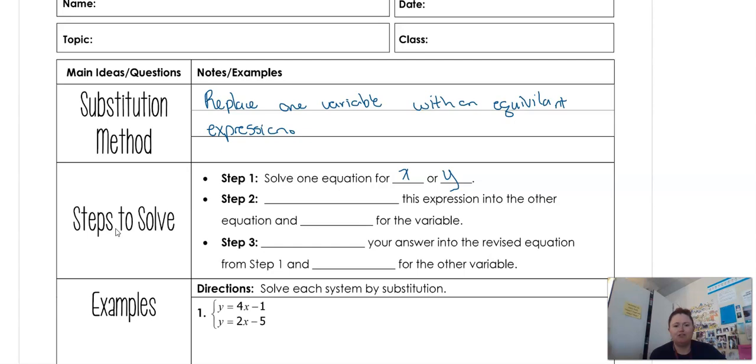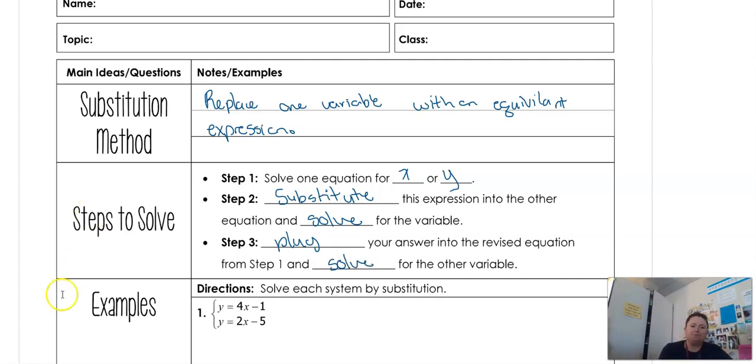Then you're going to substitute or replace this expression into the other equation and solve for the variable. When you do this, you now only have one variable. Then plug your answer into the revised equation from step 1 and solve for the other variable, or evaluate.